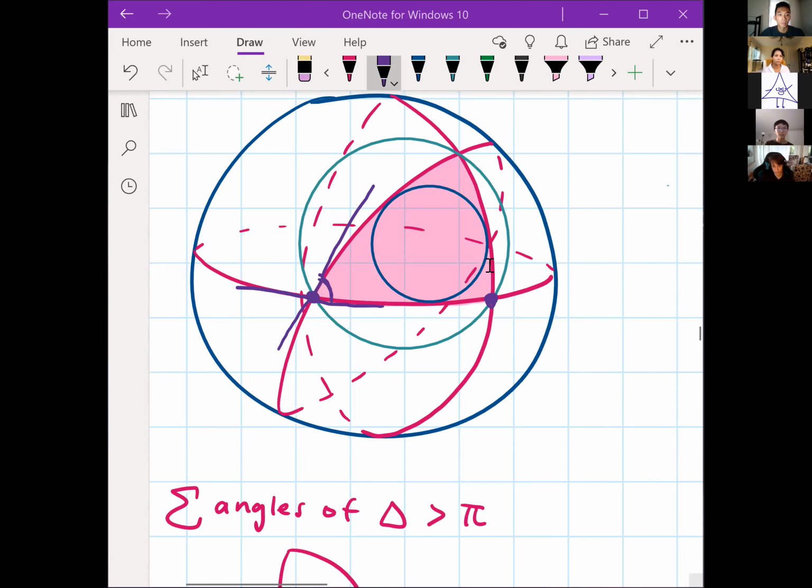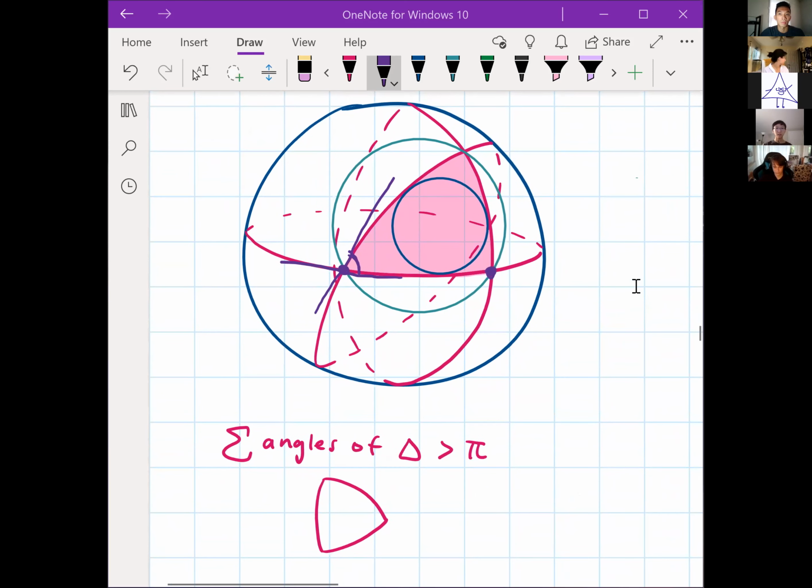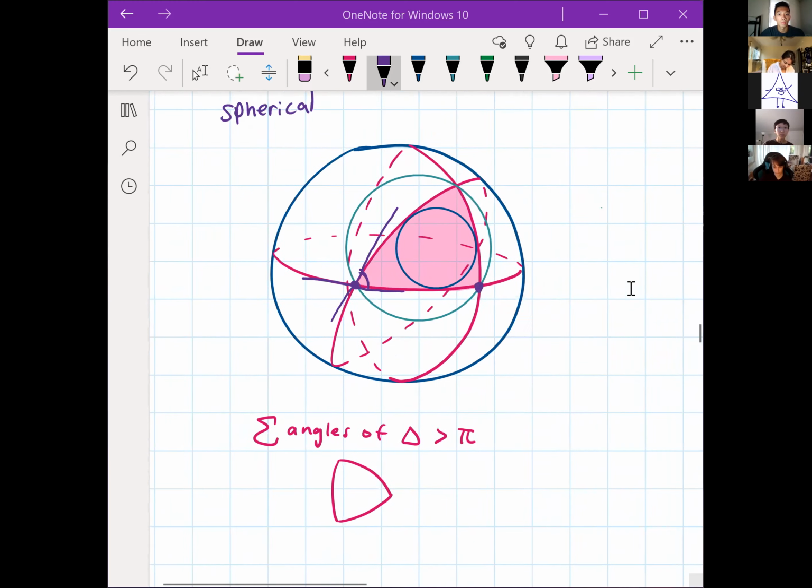And so when we take the sum of the angles here, we're going to get something that's bigger than pi. Whereas if we're just working on a flat plane, then the angle sum should just be equal to pi. So our triangles look sort of a little poofier in spherical space.